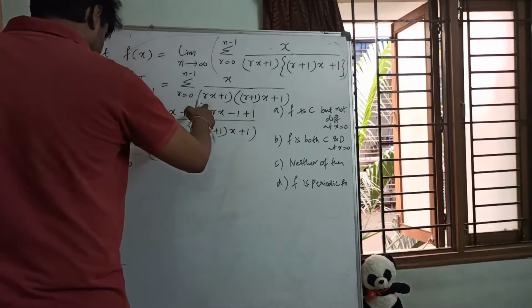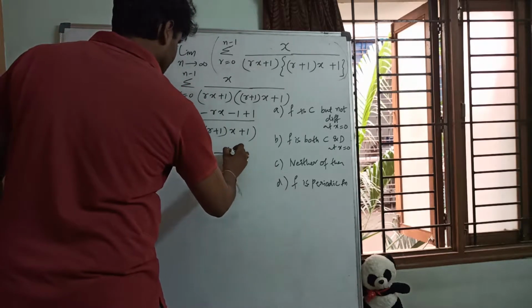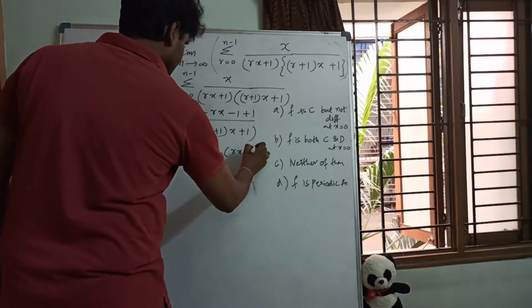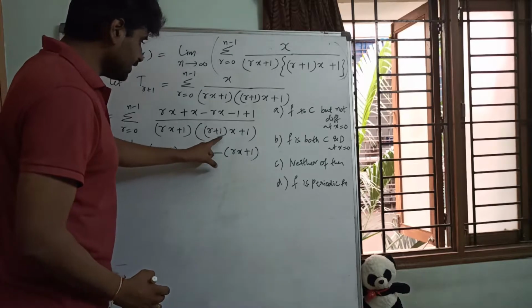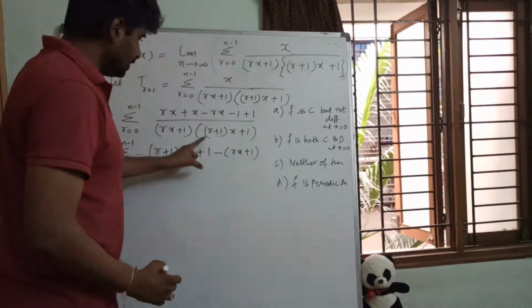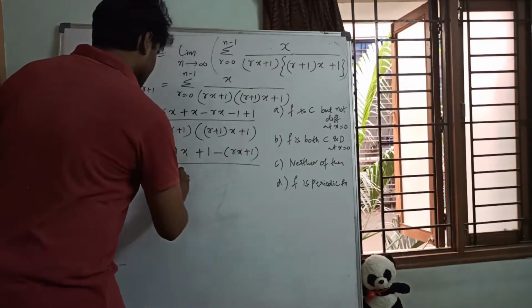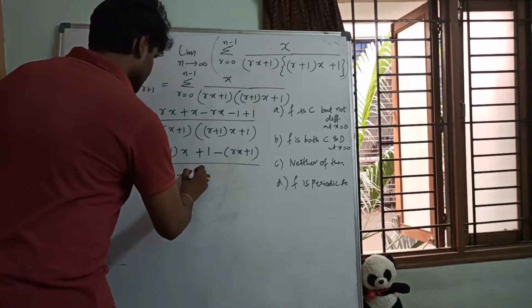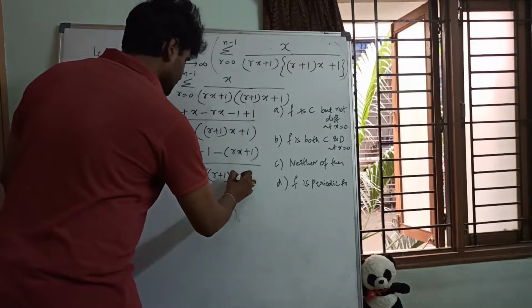So here rx plus 1 we can write, plus 1 minus of rx plus 1. Clear? R plus 1 into x. After that r plus 1 into x plus 1 we have. This one I am writing here. Right? Here from these two minus common. So 1 by rx plus 1 into r plus 1 into x plus 1.